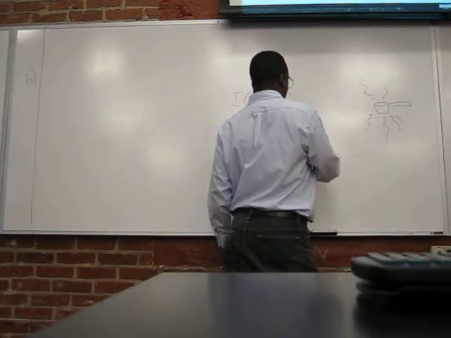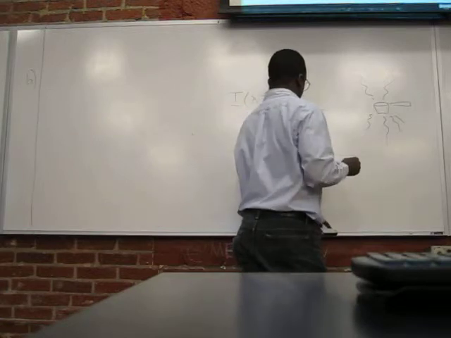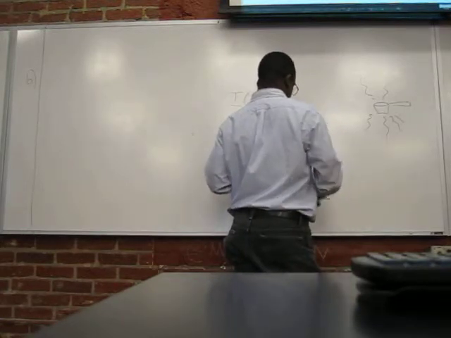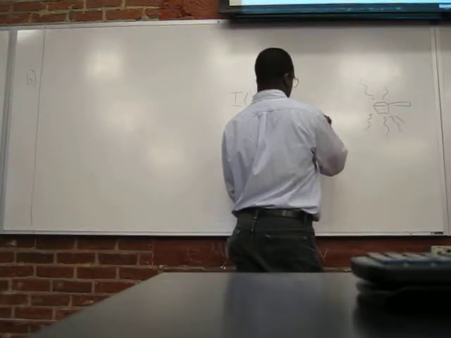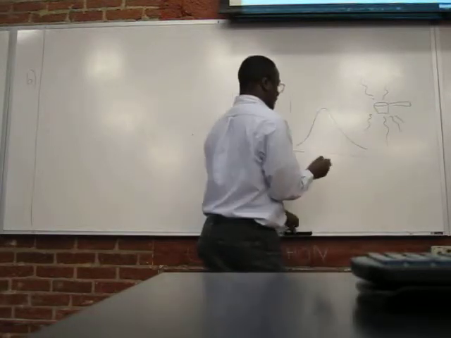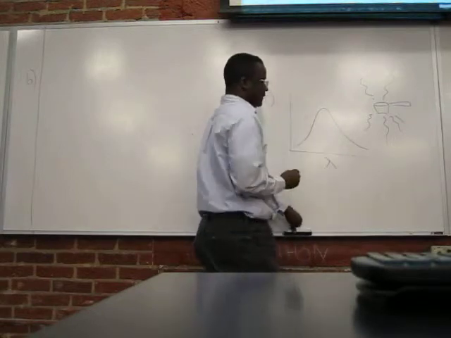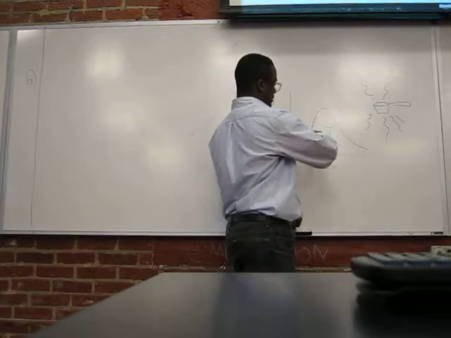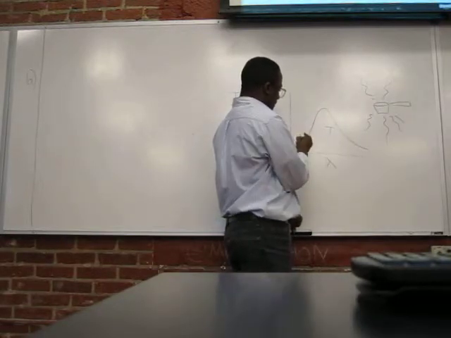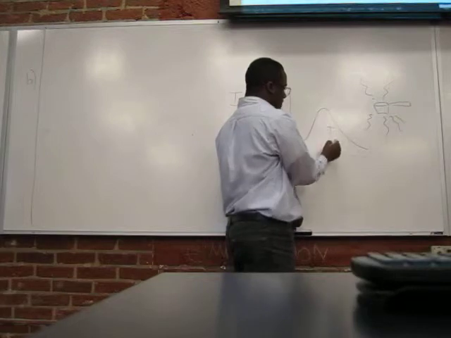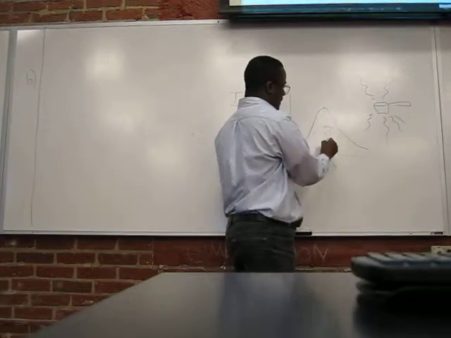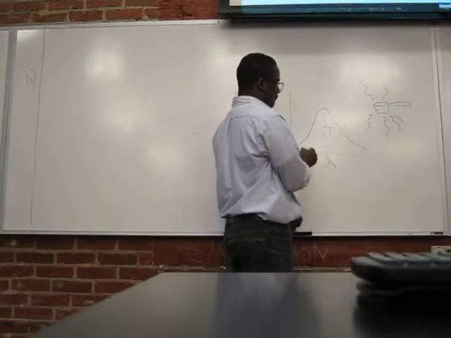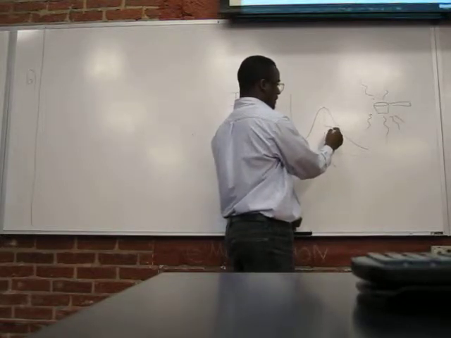So if I were to look at the profile of the light coming out, if I were to look at all the different wavelengths of light at that temperature, I would get this distribution. I would get a lot surrounding a certain wavelength, whatever that wavelength may be for this temperature.